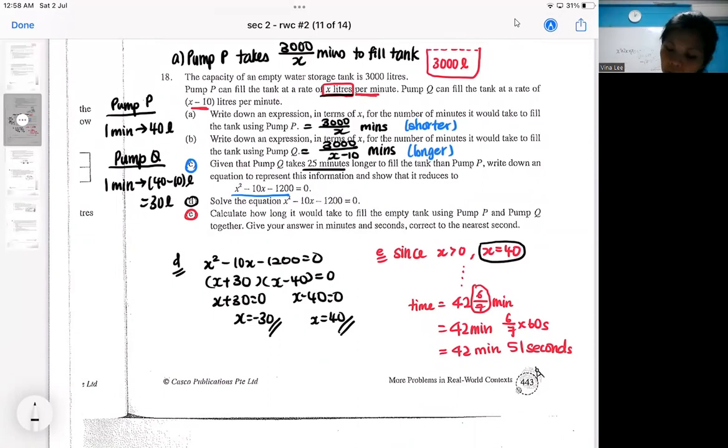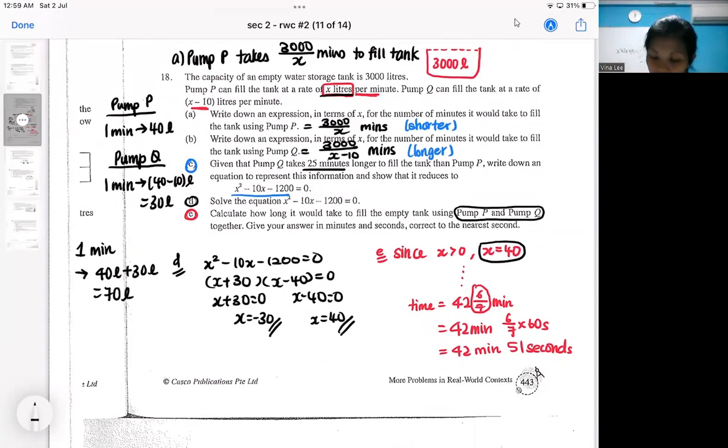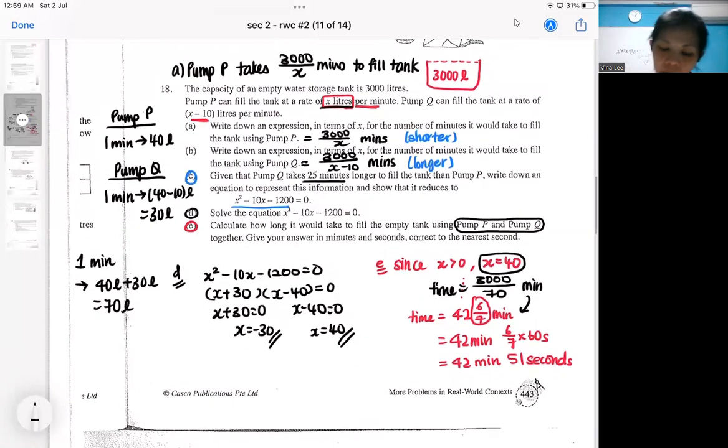The question says pump P and Q do it together. So together, in 1 minute they pump 40 liters plus 30 liters. So the time will be 3,000 liters divided by 70. You must be able to use the value, return it to the question, and interpret the whole question without the x. So this is another rate question.